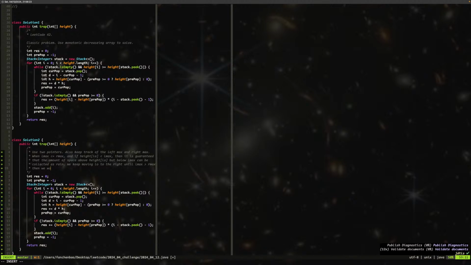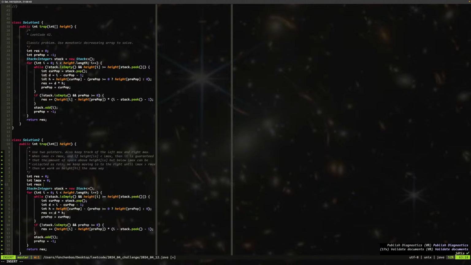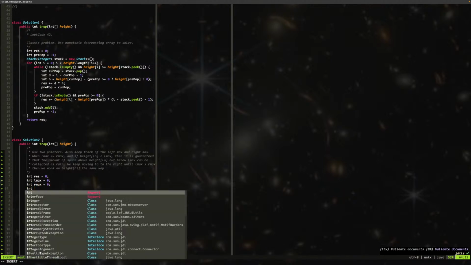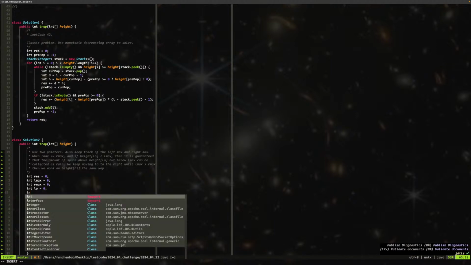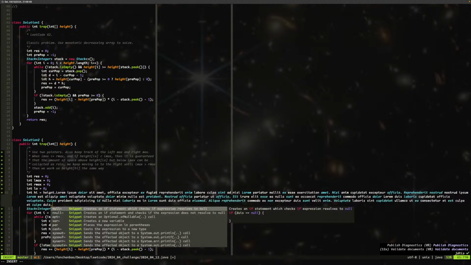Then we work on height high the same way. All right, the rest is this. Then we can say int left max equal to 0, right max equal to 0. We have low is 0, high is height dot length.